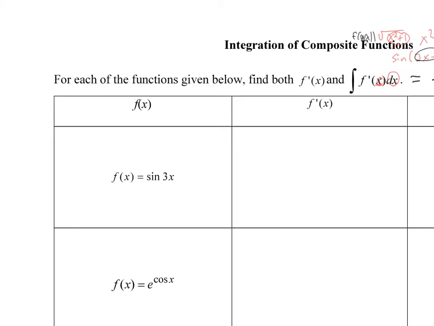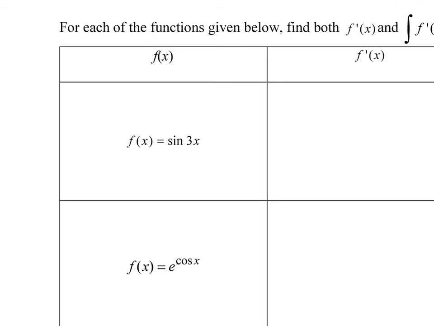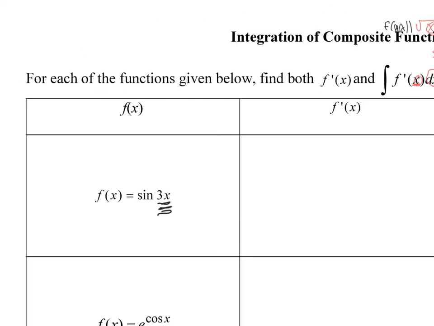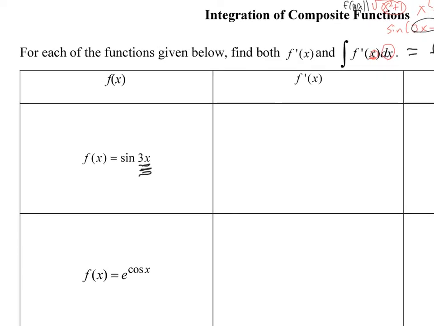So right here, we're going to start out with the function f of x, sine of 3x. Obviously, it's a candidate for the chain rule. And look, they're even calling it integration of composite functions. We have not done that.